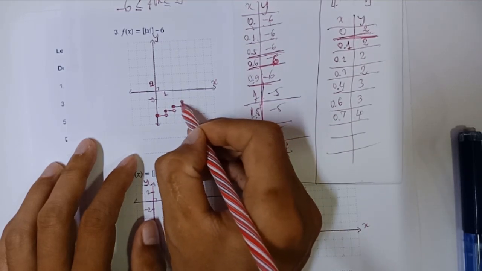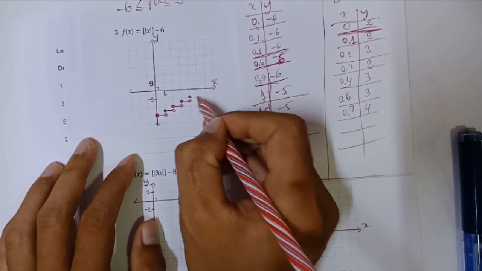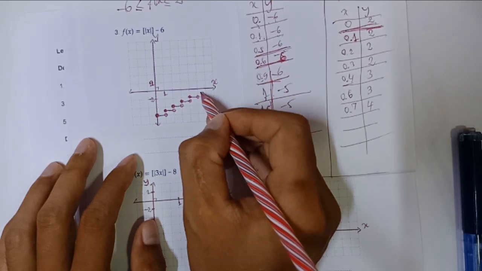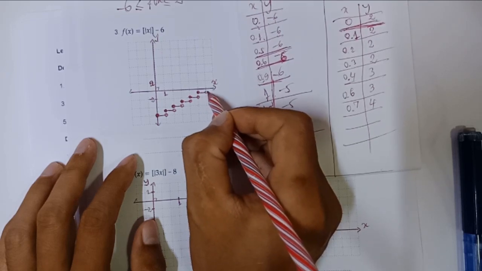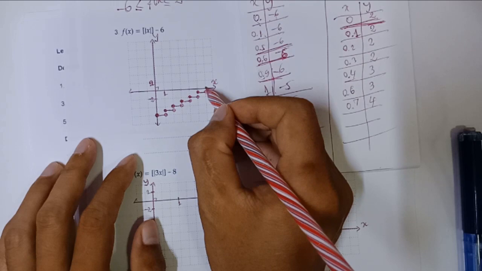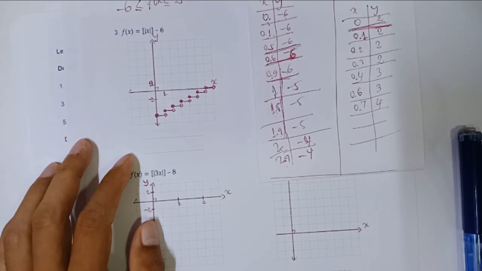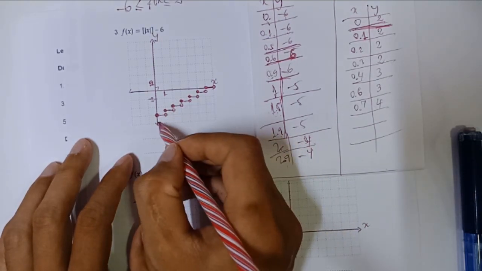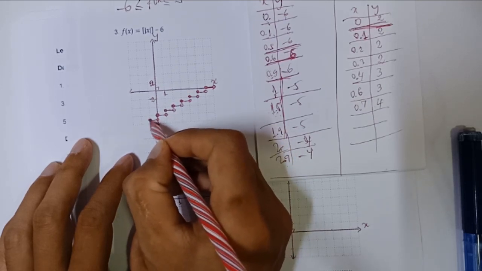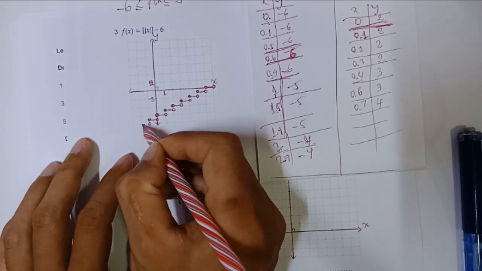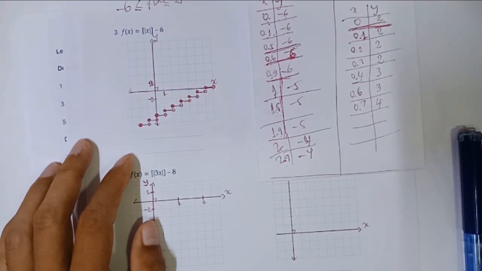Open circle, solid circle, all the way through like this, and you also extend this to the other side as well, open circle to solid circle like this. Okay, that's our step function.